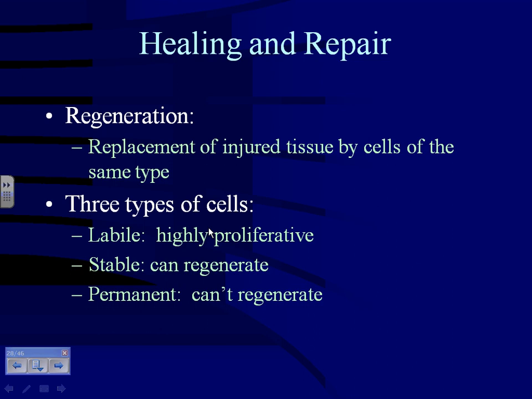So labile cells are highly proliferative cells and easily regenerate after an injury. Stable cells are able to regenerate, but not to the same degree as the labile cells. Permanent cells cannot regenerate. So if they've been injured, they don't get replaced, okay?